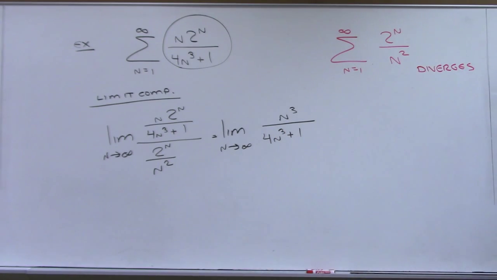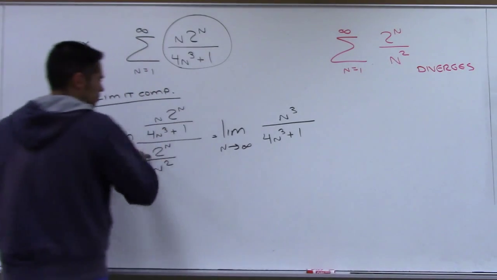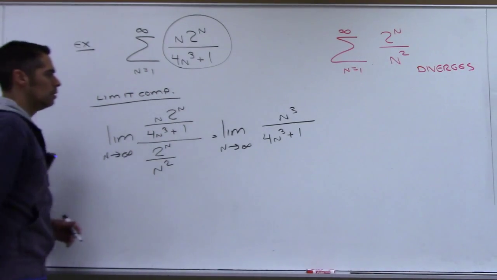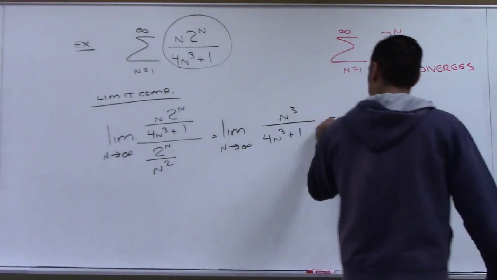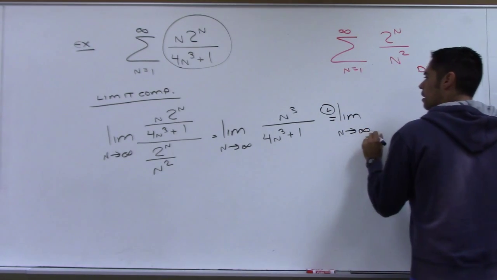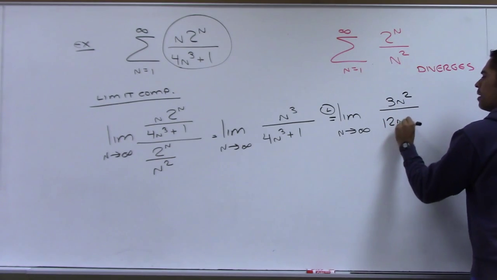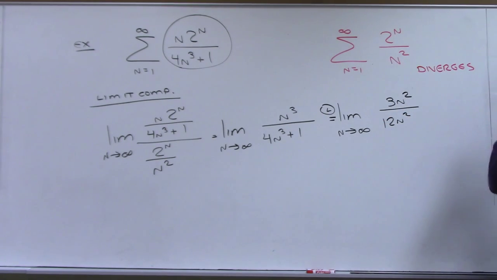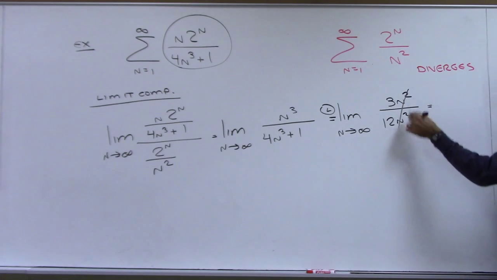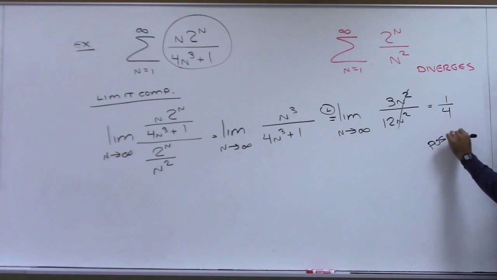Oh, I only need L'Hopital once, don't I? Y'all okay with the flipping and canceling? So L'Hopital once. We get 3n squared over 12n squared, which is 1/4, which is a positive constant.